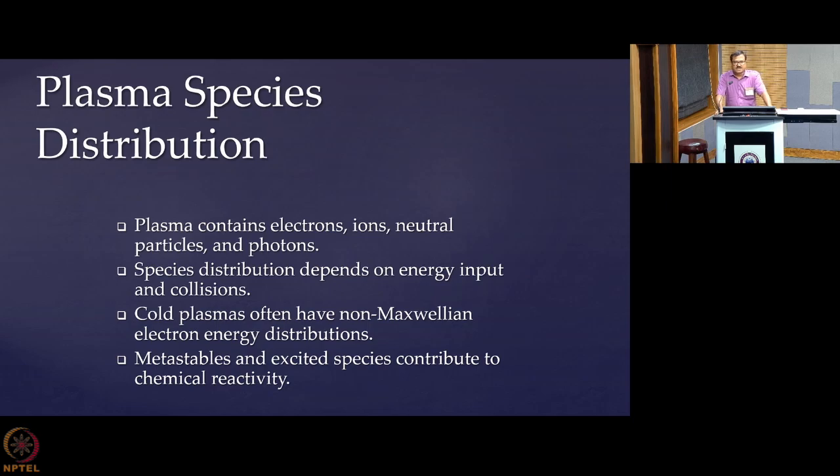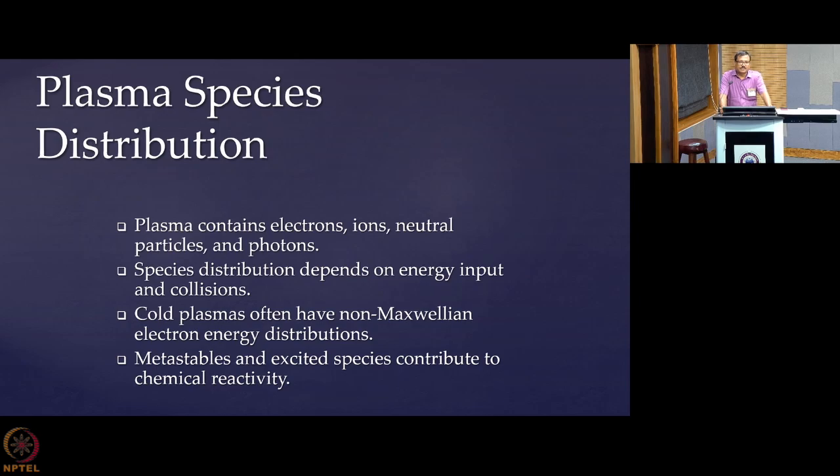Now, plasma species distribution is another important thing. So what are the species that plasma can contain? Plasma contains electrons, ions, neutrals, and photons. I am just summarizing what you have learned in your classes, that you will be dealing with electrons, ions, neutrals, and photons.